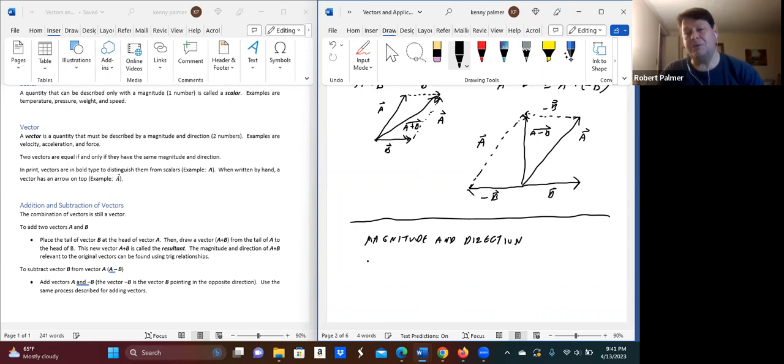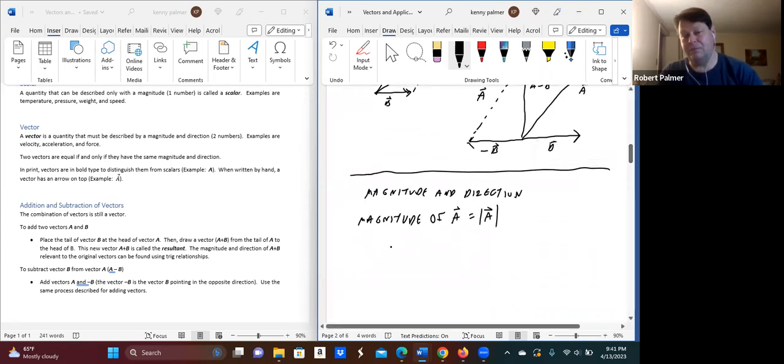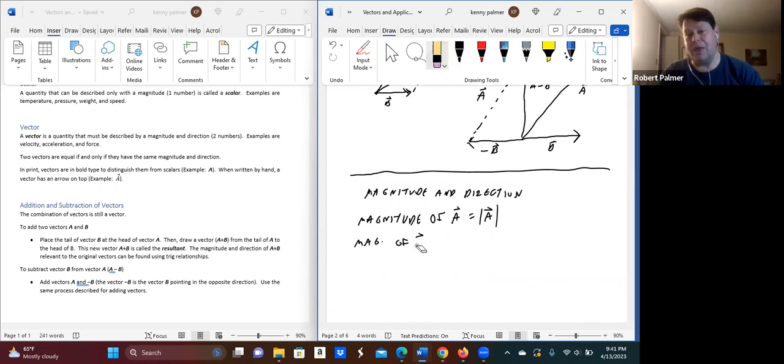So the magnitude of some vector A is usually written with absolute value signs like that. That's its magnitude. If I also have the magnitude of B, the magnitude of vector B in the same way is just written with absolute value signs around vector B.